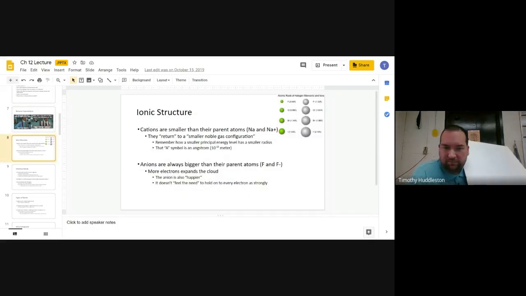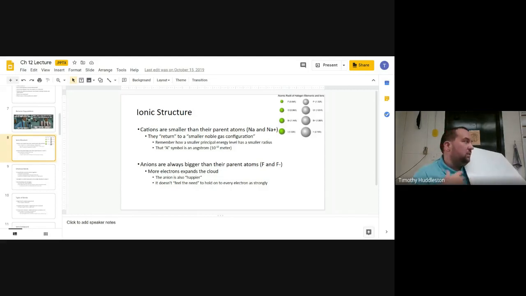Okay, so ionic structure. I think we already talked about this a little bit, but I'm going to go over it again. It was in the last unit. Cations are going to be smaller than their parent atoms, because they're going to return to a smaller noble gas electron configuration.